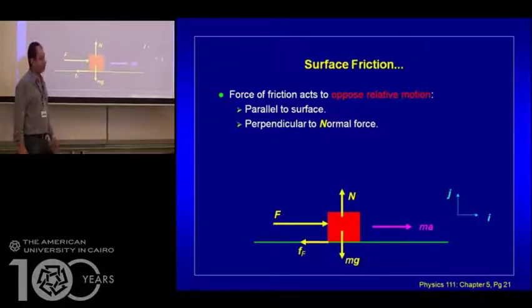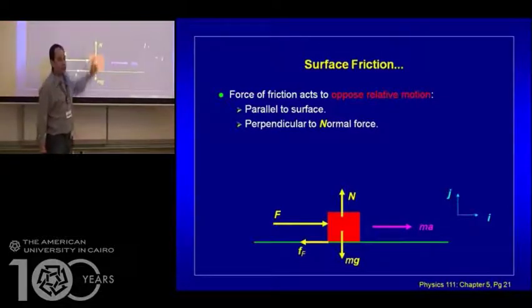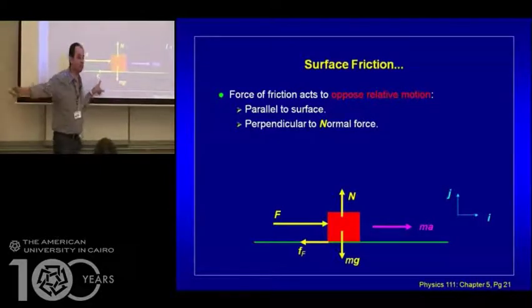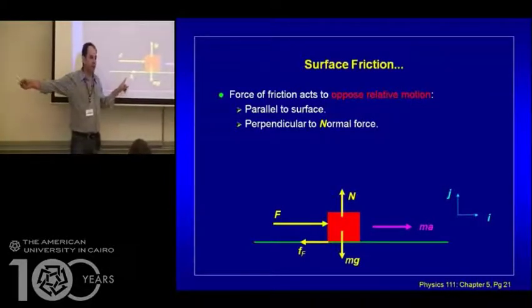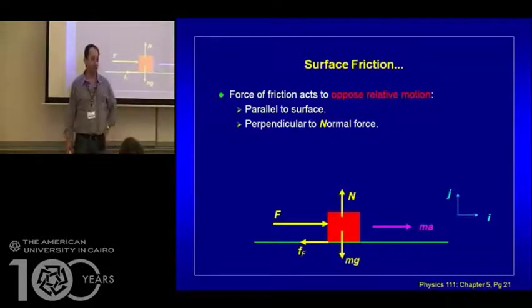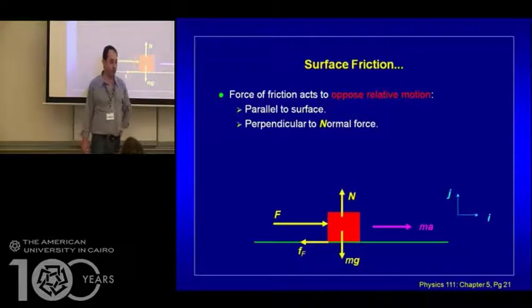That's one. If we apply Newton's second law along the y-axis, you get N minus mg equals 0. That means that N equals mg. And we know that the friction force equals mu, coefficient of friction, times the normal force. So if N equals mg, then the frictional force will equal mu times mg. Okay guys? Mu times mg.